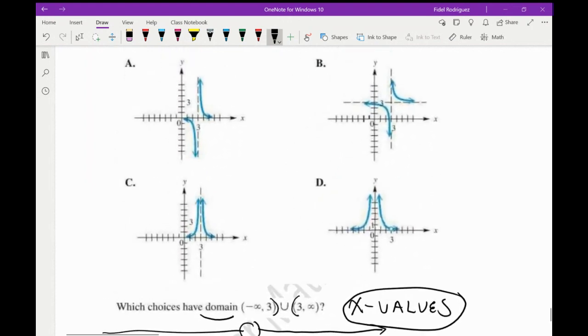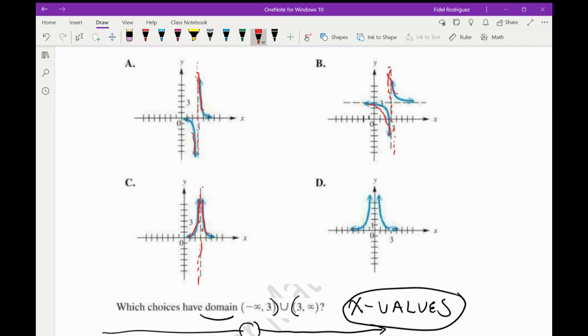If you look at choices A, B, and C, all of these have these vertical lines right at x is equal to 3. These are what we call our asymptotes. The graph gets really, really close to these lines, but it never touches them.